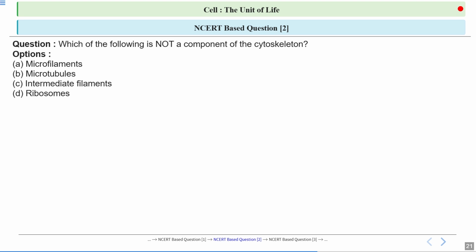The next one: which of the following is not a component of the cytoskeleton? Options are microfilament, microtubules, intermediate filament, and ribosomes. What will be the correct answer? All right, so option number D is the right answer here.